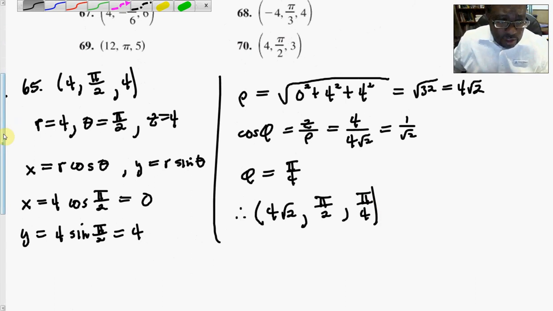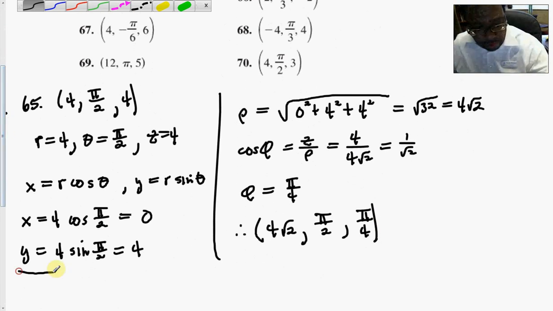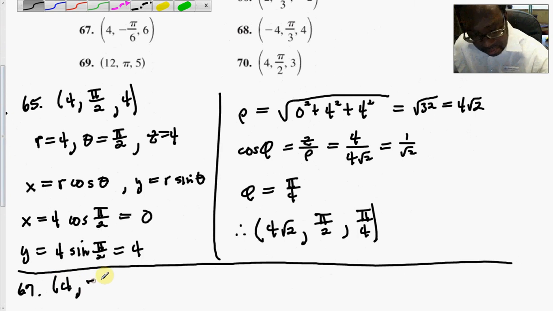What about number 67? So for 67, we're given the point 4, comma, negative pi over 6, comma, 6.